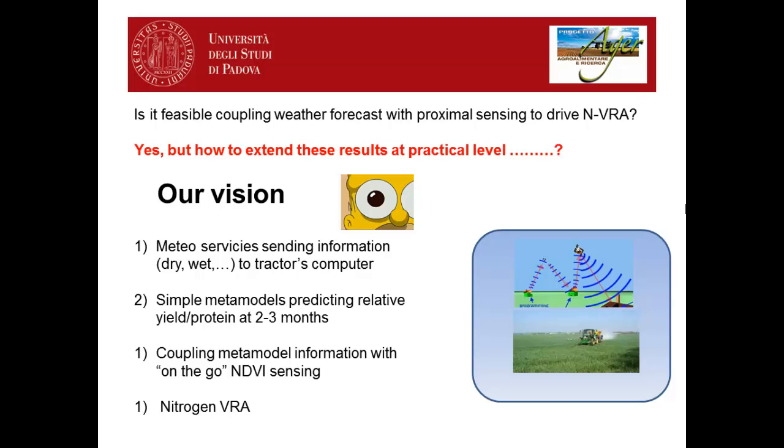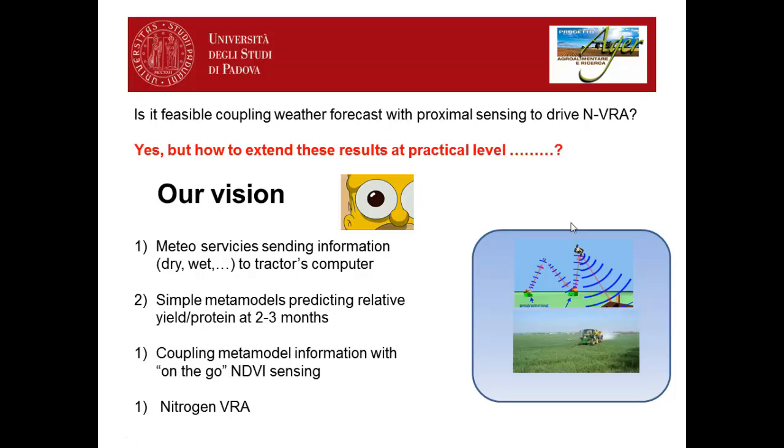In our opinion, we cannot expect to have a very exact forecast, just to say that the precision is of 2-3 inches in a 2 or 3 month weather forecast. Our idea is just to have a general trend, so dry, medium dry, or average, and then to pick this information from the meteo services to send to the tractor computers, and by means of very simple mental models, just predict what the yield will be.